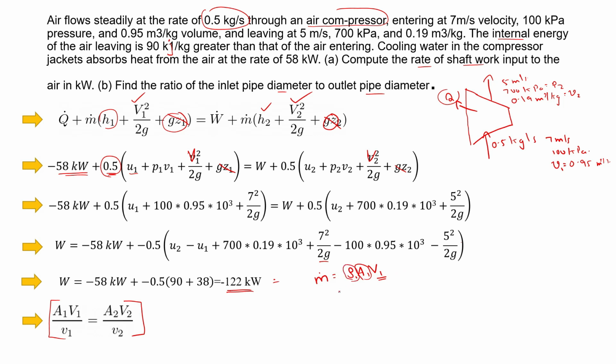Rho1 can be written as 1 by specific volume 1, because rho is mass by volume and specific volume is volume by mass.